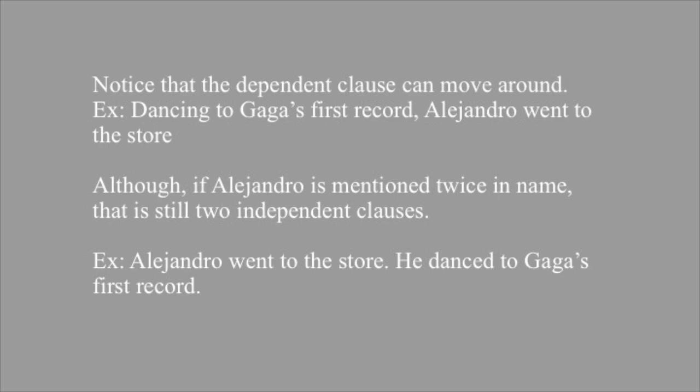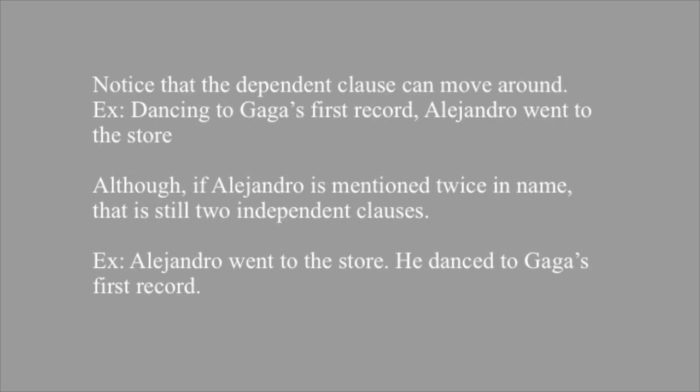Notice that you could move around the dependent clause. Here's an example. Dancing to Gaga's first record, comma, Alejandro went to the store. Although, if Alejandro is mentioned twice in name, even if the second mention is a pronoun, that still comprises two independent clauses.